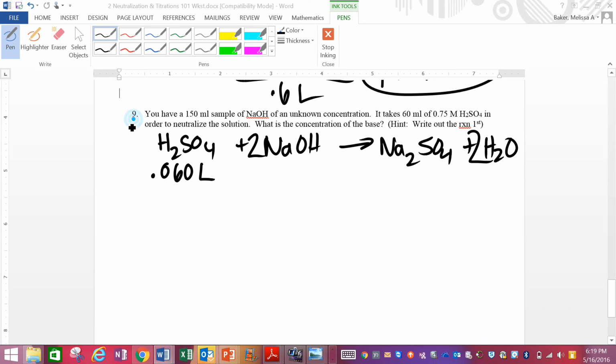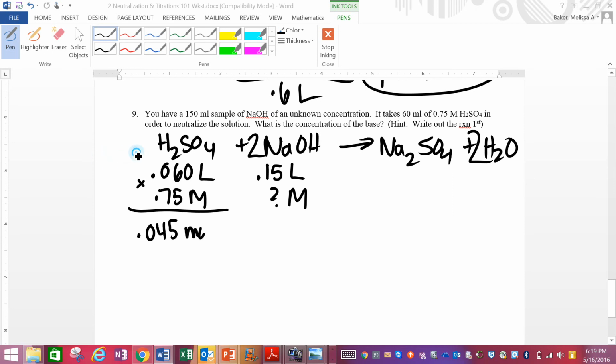I've got 0.06 liters of a 0.75 molar acid that I had to add in order to neutralize that 0.15 liters of our mystery concentration of base. Liters times molarity, 0.045 moles of H2SO4.